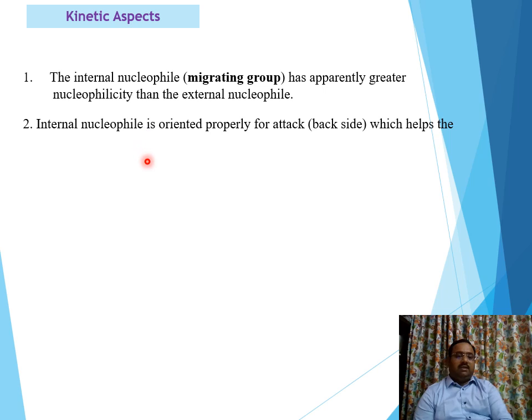Second point, the internal nucleophile is oriented properly from the backside of the leaving group, and this helps speed up the departure of the leaving group, so the reaction takes place more easily.